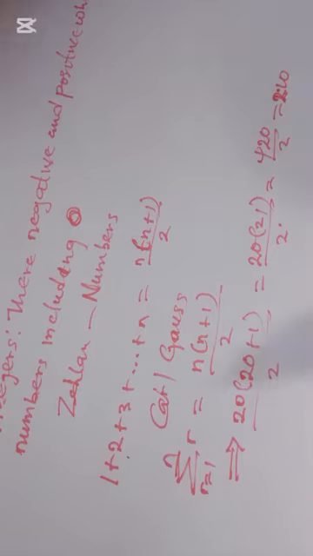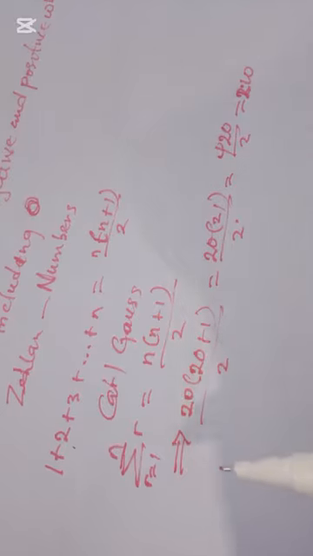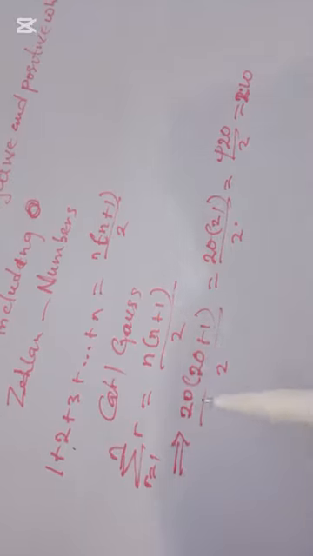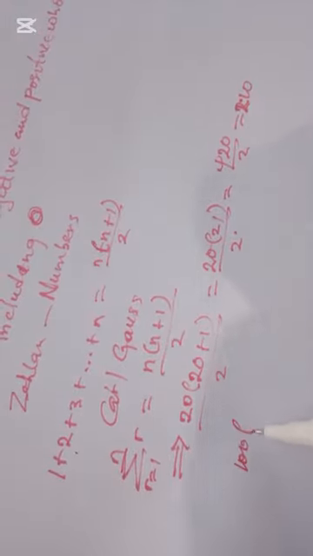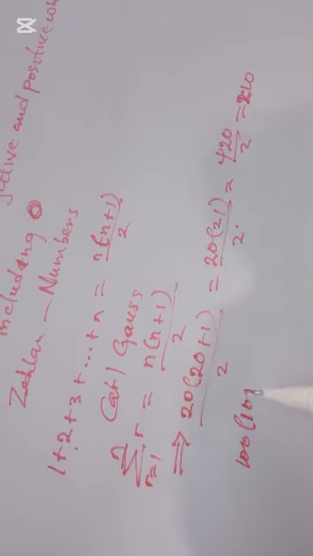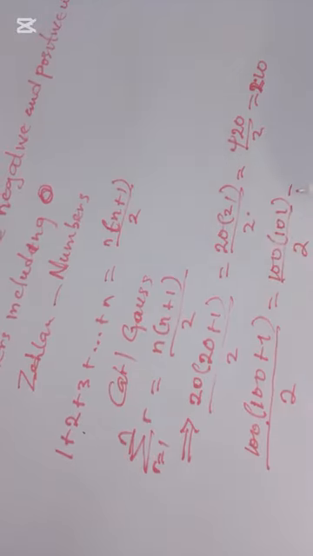Isn't that beautiful? Okay, so now let's check what the man did when he was a child. Now his teacher is asking him to find the sum of the first 100 integers. Our n is 100 now. So I'm having 100 into 100 plus 1, all divided by 2, which equals 100 into 101 divided by 2.